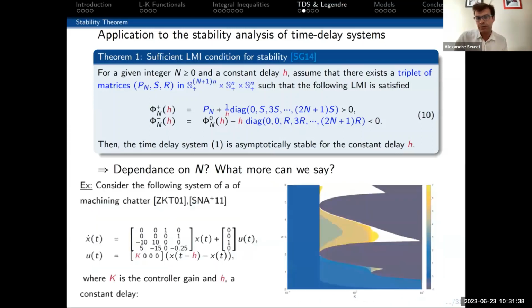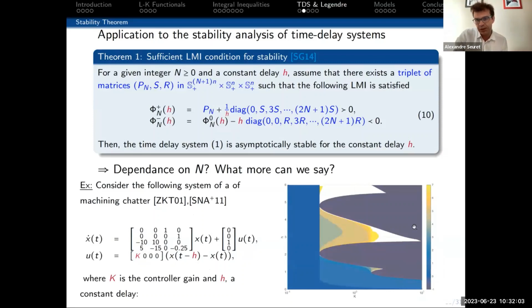So how can you interpret this in a more illustrative way? We pick this example that is taken from these papers. It's quite a complicated system in the sense that it has 4 dimensions and it has some very tricky stability regions.